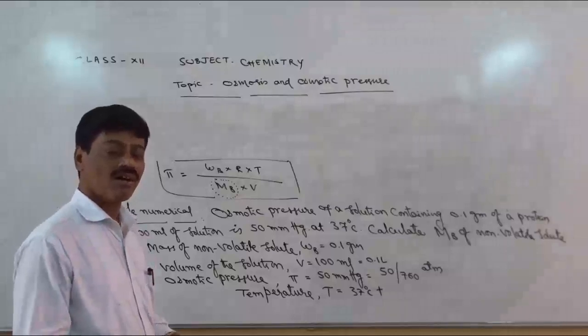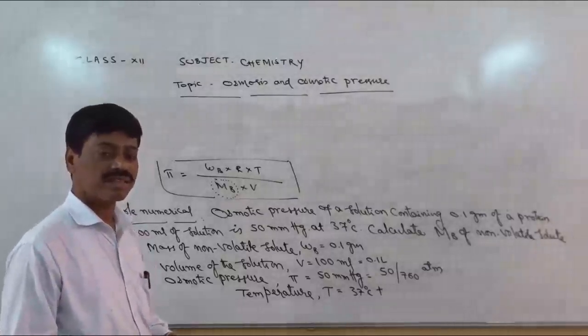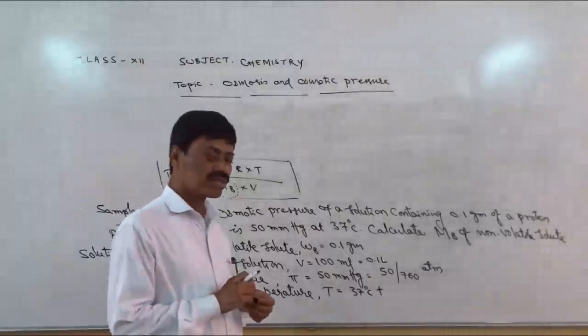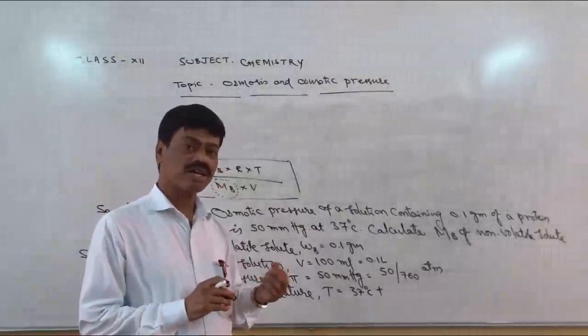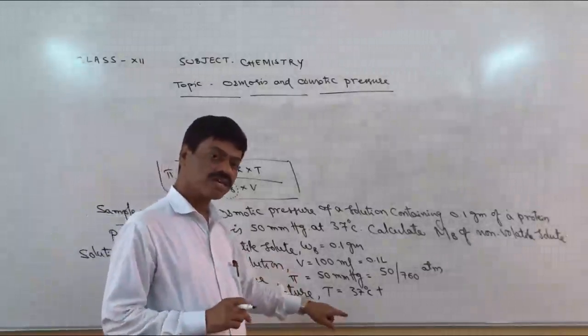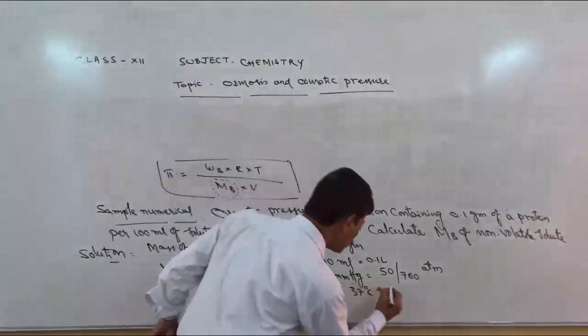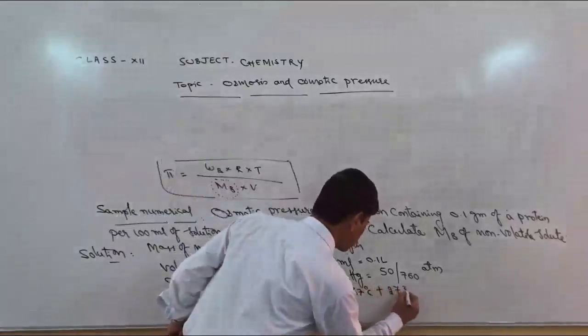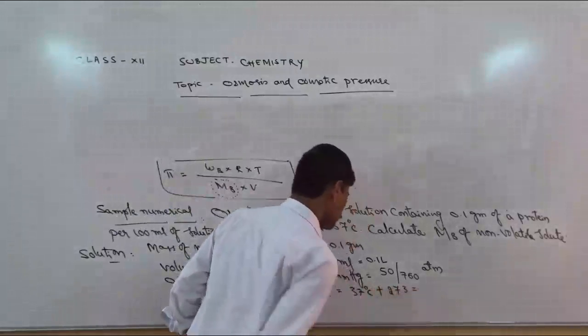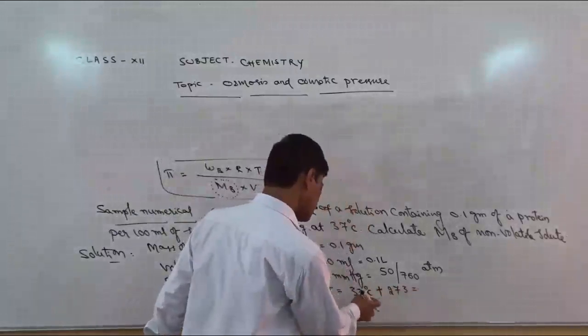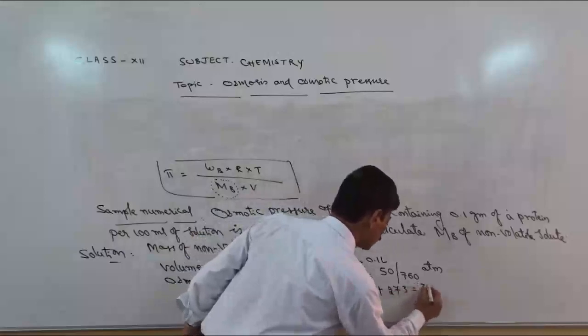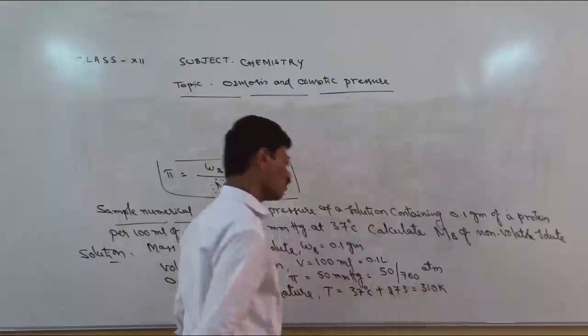because we have to keep that value in terms of Kelvin. If you recall the unit of R, it is in terms of liter atmosphere per Kelvin mole. So here temperature is on the Celsius scale, so we need to add 273. This gives 310 Kelvin.